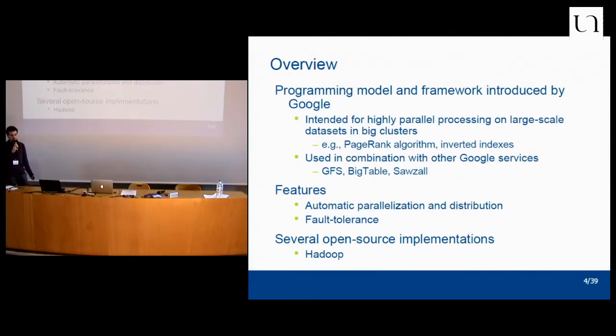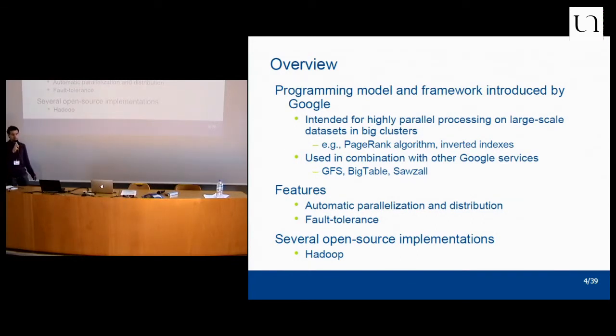It is typically used in combination with other Google services like GFS, the file system, or Bigtable. The main features of MapReduce are that it provides automatic parallelization, distribution and fault tolerance in a transparent way to the user.